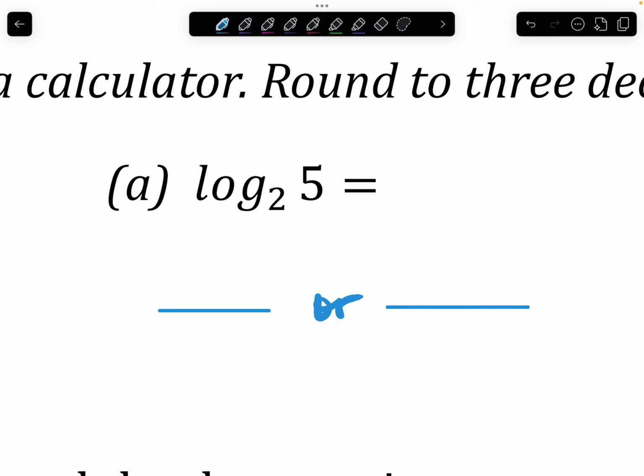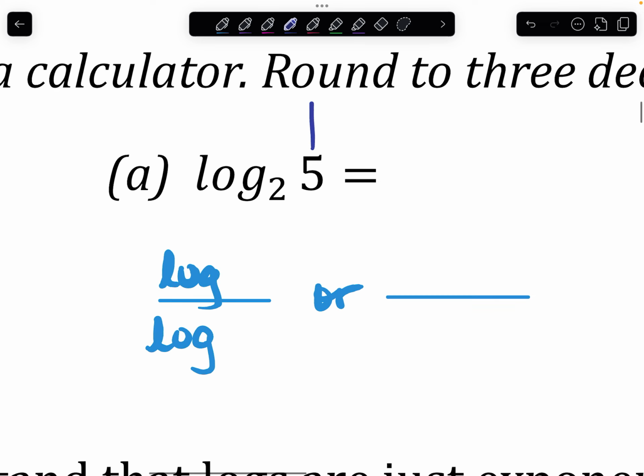So we'll show both. Let's say you chose to go to the common log, which would be base 10. You've got log over log. Remember, the 5 is going to the top log, and the 2 is going to the bottom log. So I would type in log of 5 divided by log of 2. Make sure you get that division bar in between them.